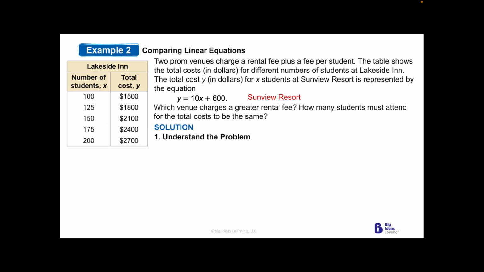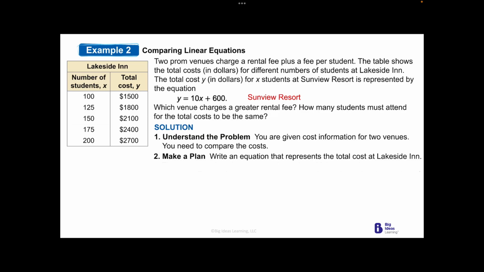So that's not super great. But the issue with Lakeside is that we're only given number of students and the total cost. So understanding that problem, we're given the cost of 2 different venues. We need to compare the costs. So to make a plan, definitely write an equation for the Lakeside Inn as well. Now, I would also represent it the same way they gave you the Sunview. Do the y equals mx plus b.